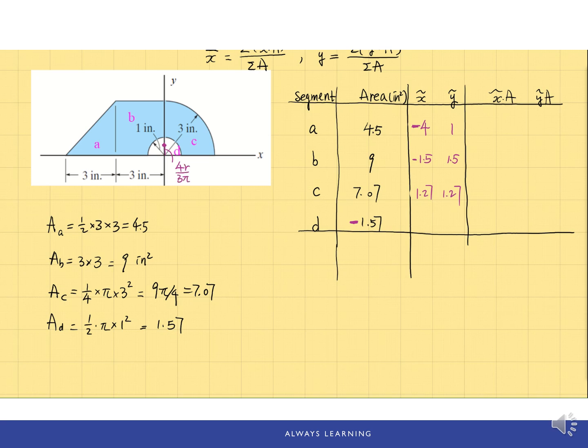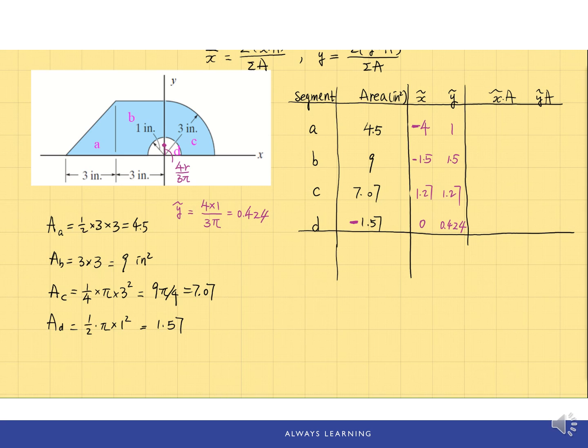So that means the x tutor is 0 since it's located on the y-axis, and the y tutor equals 4r, where r is 1 inch for this semicircle, over 3 pi. And this will be 0.424, a positive y coordinate.